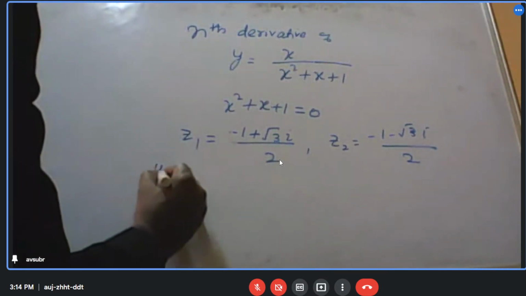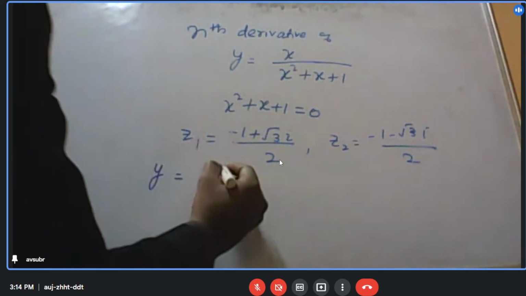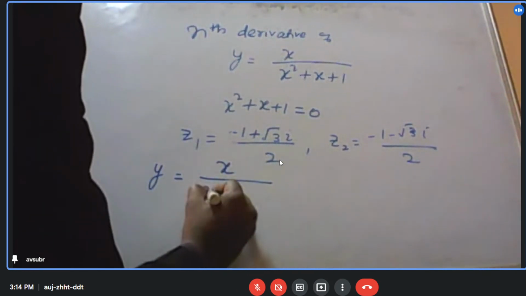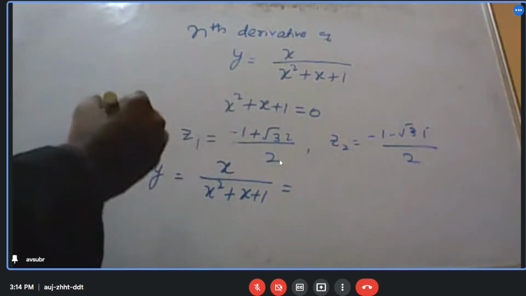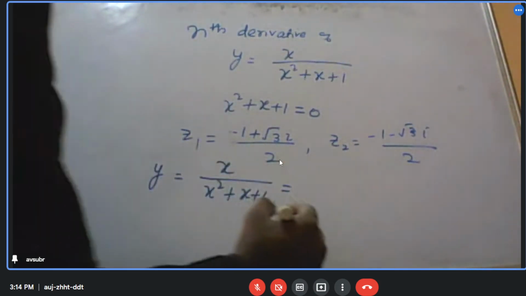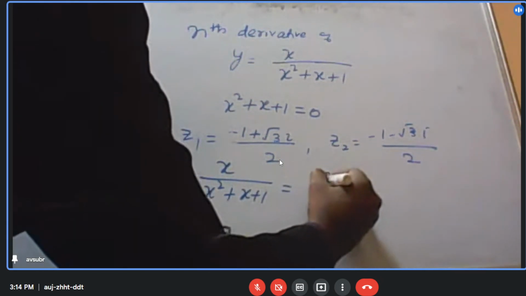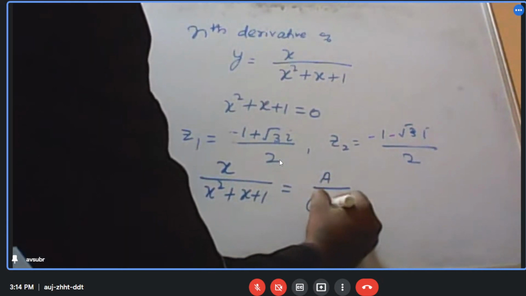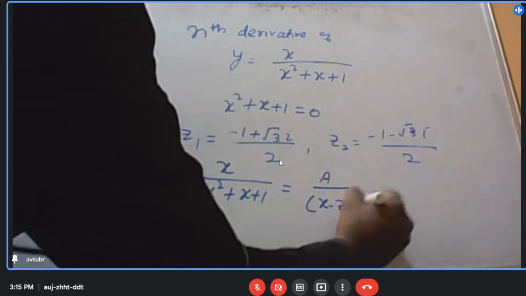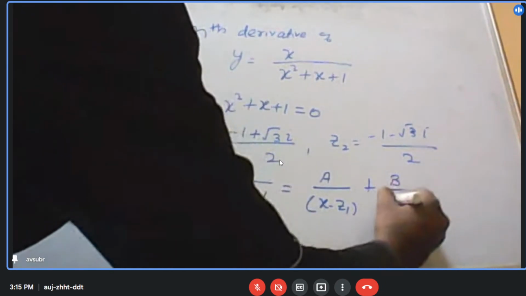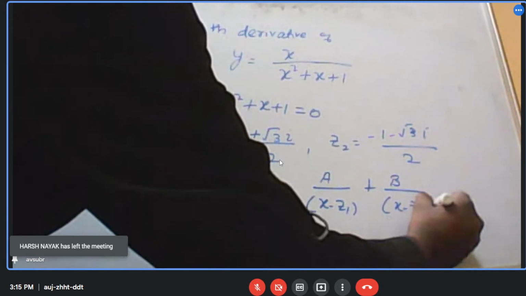So if I look at this particular problem, this is x by x square plus x plus 1. I can write it in partial fractions as a by x minus z1 plus b by x minus z2.